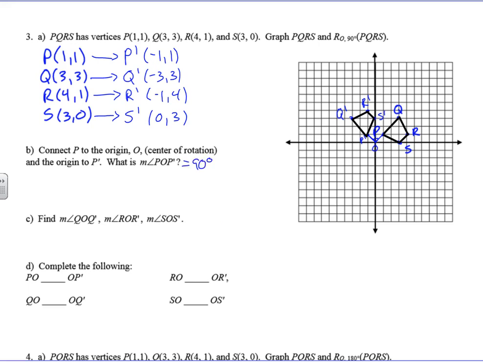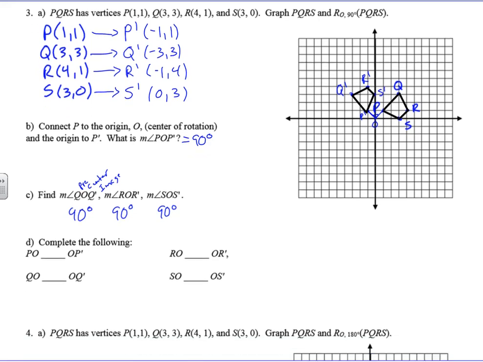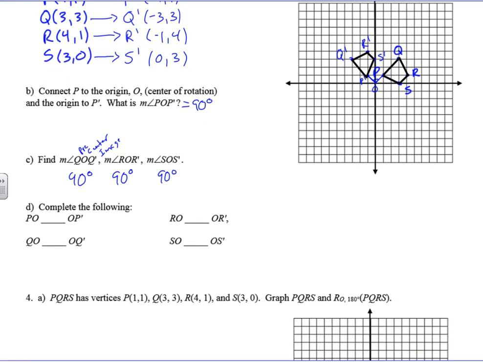Find the measure of all of these: the pre-image, the center, and the image. Since we did a 90-degree rotation, all of those are going to be 90-degree angles. With a 90-degree angle, sometimes I'll just put a piece of paper in there, because if you've got factory-produced paper, the edge is generally a 90-degree angle.